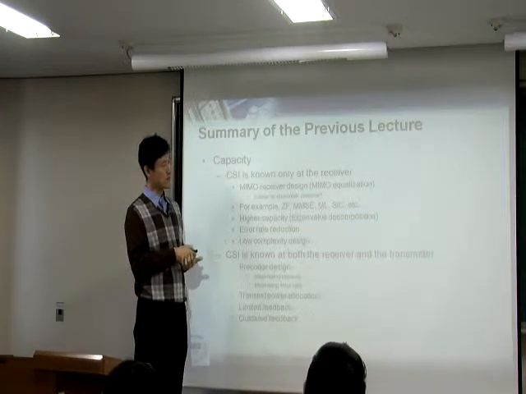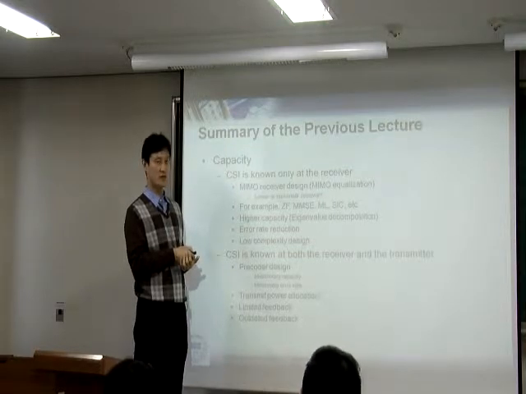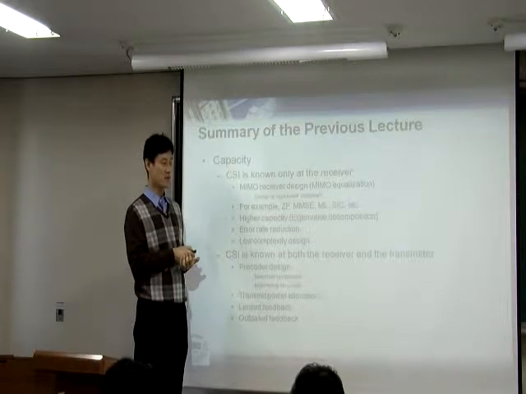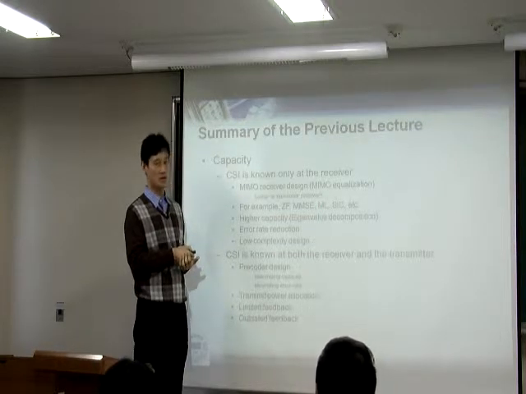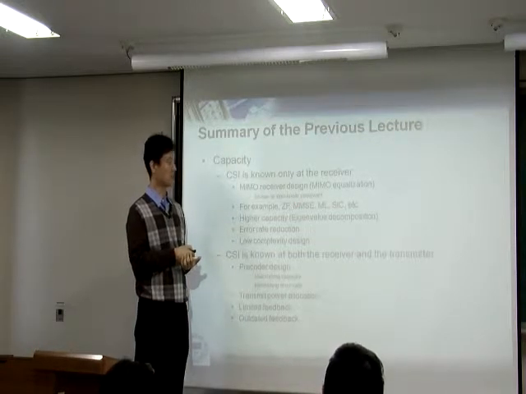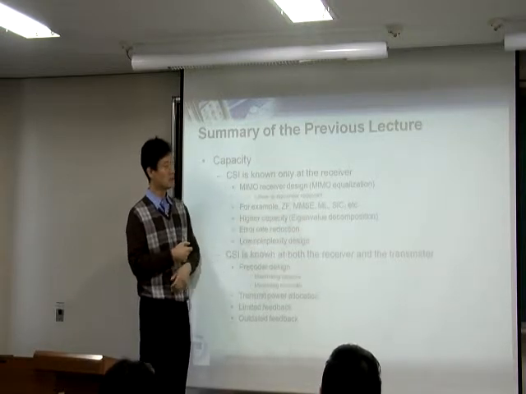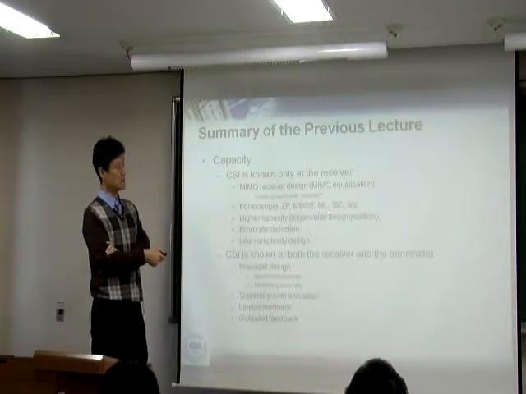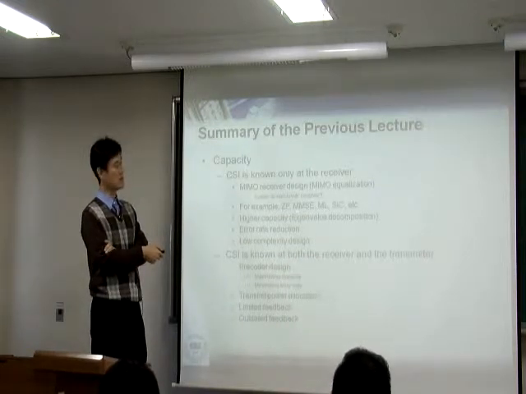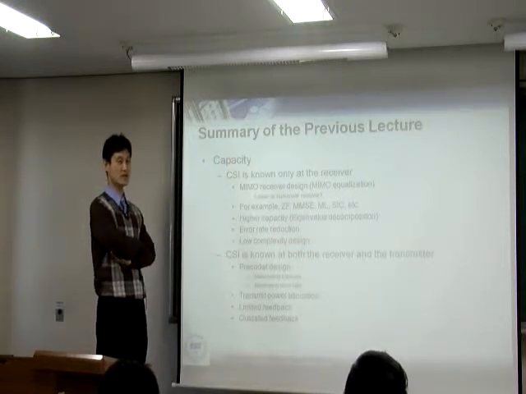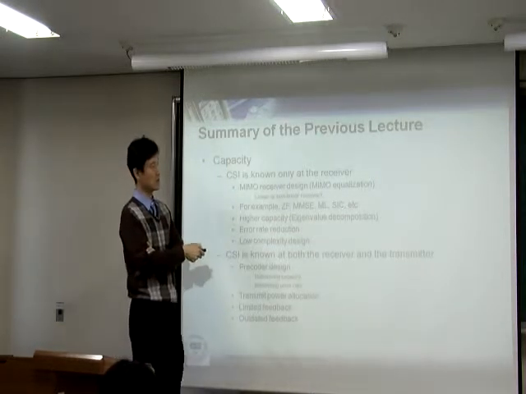Typically, maximum likelihood is considered to be the optimal receiver, which means performance is optimal, but it is so complex. A simpler version would be minimum mean square error or zero forcing. This is even simpler, but you lose some performance. So there's always a trade-off. These three are linear receivers. Successive interference cancellation is a nonlinear system.